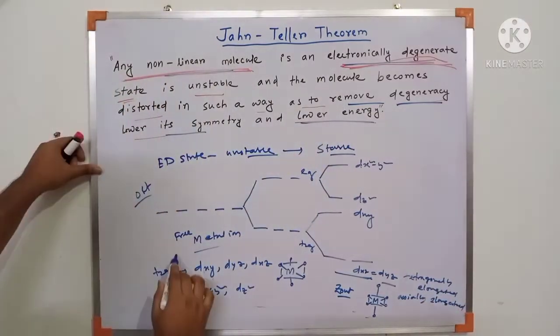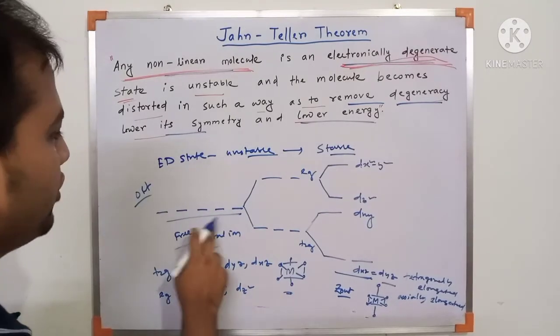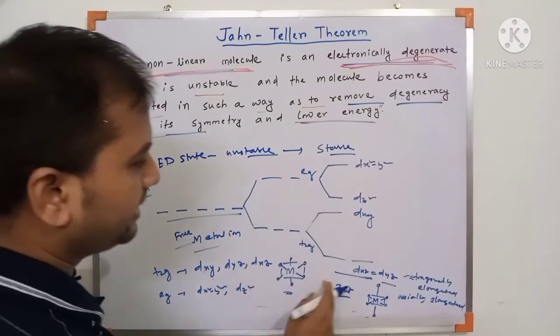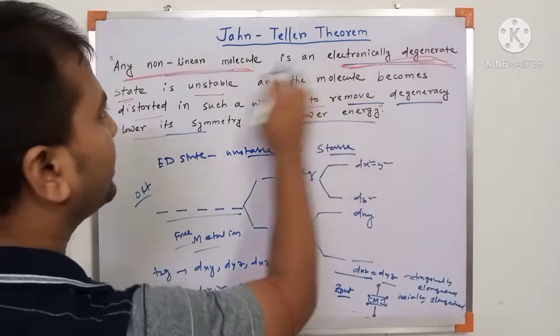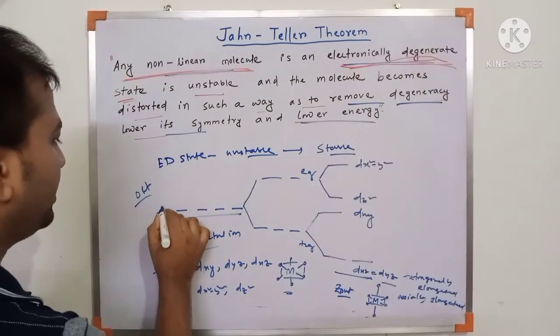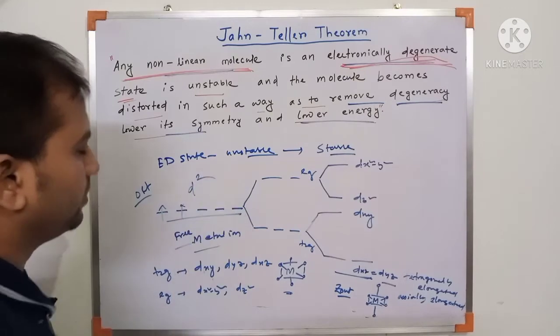So first, in the free metal ion, the 5 d orbitals are degenerate. In the presence of ligand, the d orbitals are split. One is t2g and another is eg. And then t2g, in an electronically degenerate state of a non-linear molecule, suppose 1 electron is there or 2 electrons are there. This is the case of the d2 electronic state.